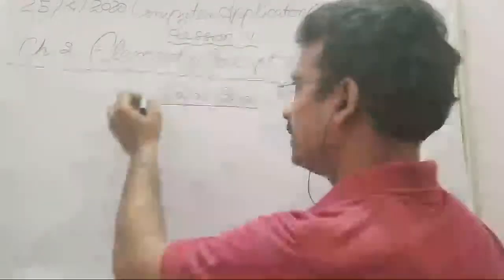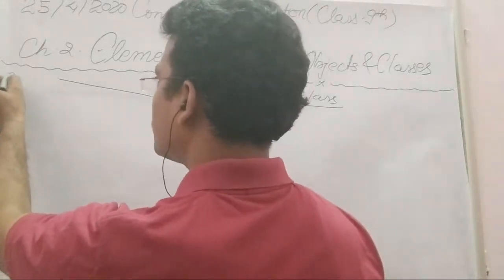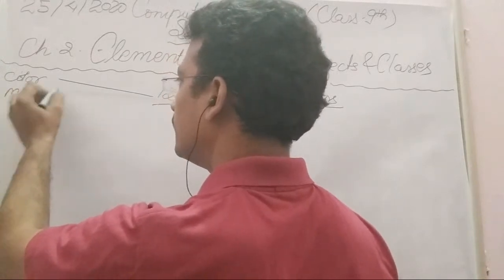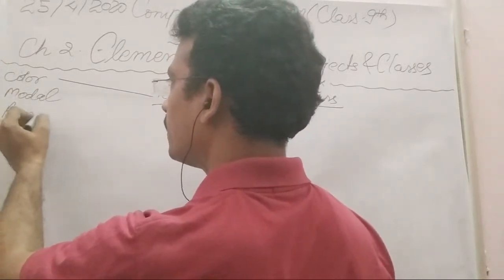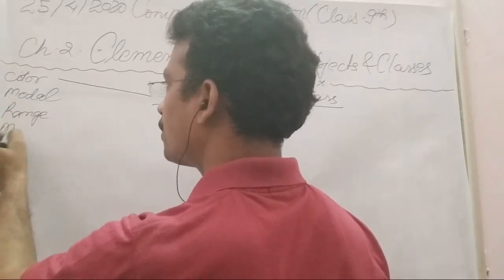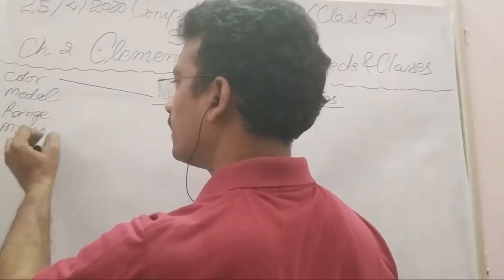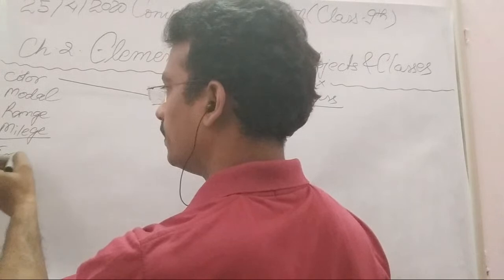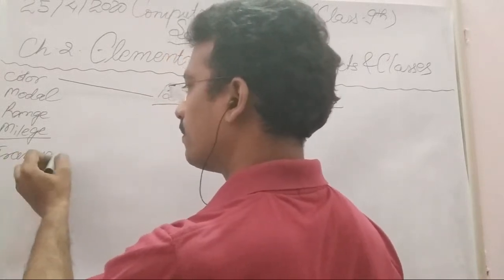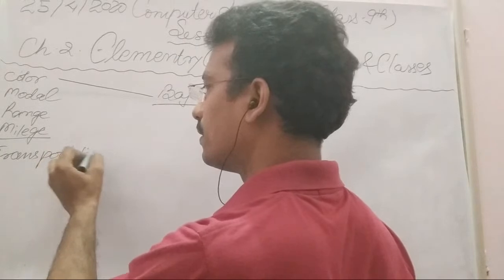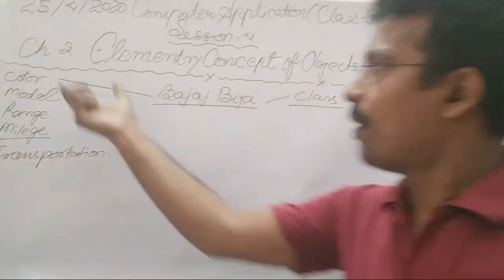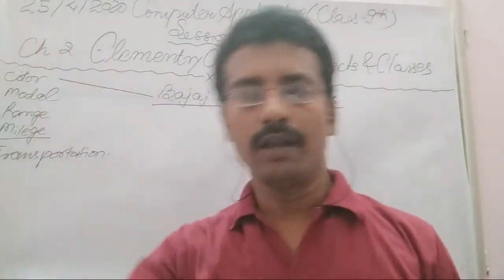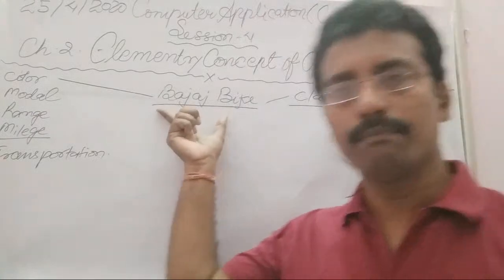For example, the features of a Bajaj bike are their color, their model, their range, their mileage, and their working as transportation. These are all the features of a Bajaj bike that have already been defined by the Bajaj company.